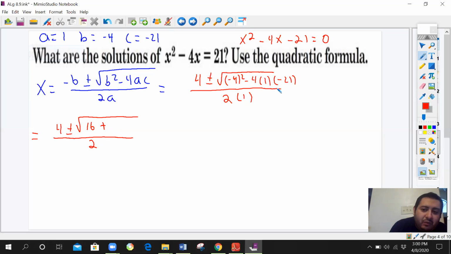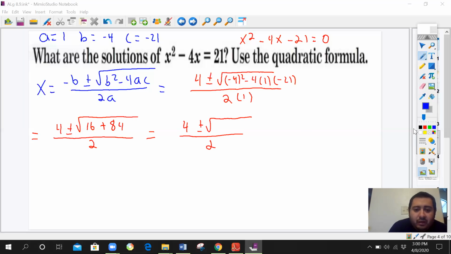What's 4 times 21? Well, that's going to be 84. Perfect. All right, let's continue doing the math. It's simple addition and subtractions, divisions also.